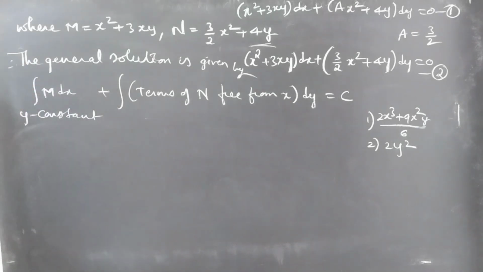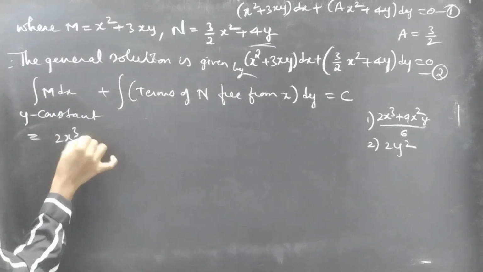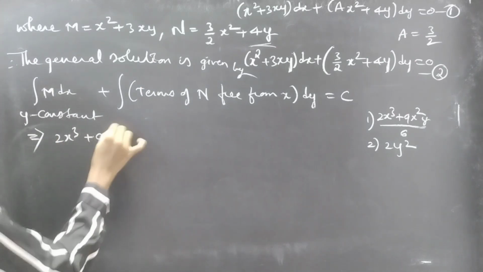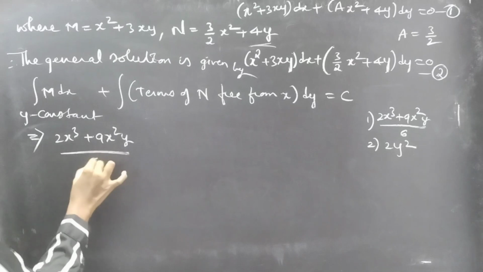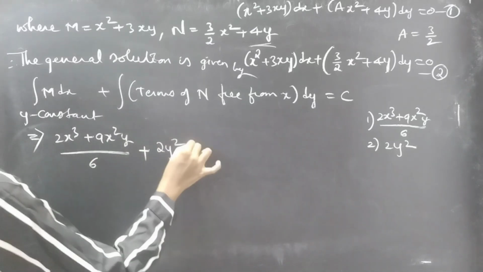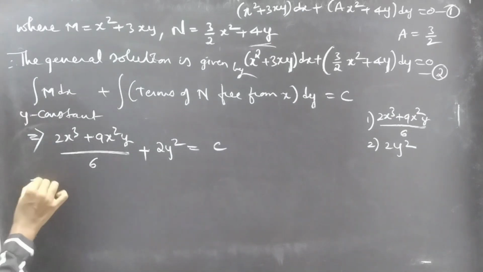Therefore, the general solution is given by the result obtained from the first integral, 2x cubed plus 9x square y by 6, plus the result obtained from the second integral, 2y square, equal to c, right?